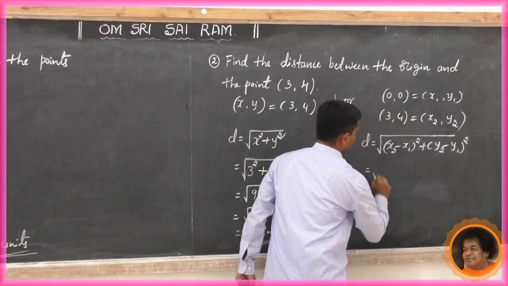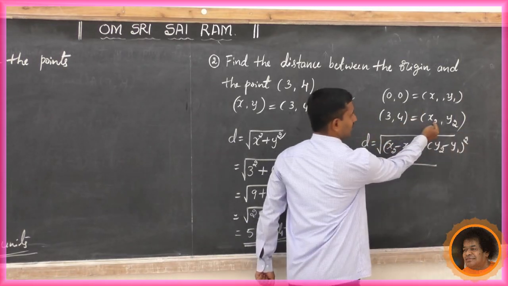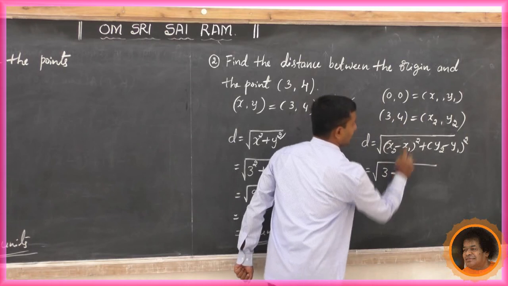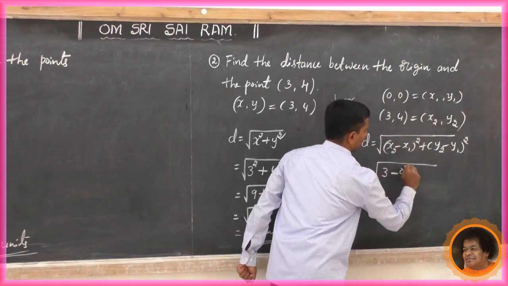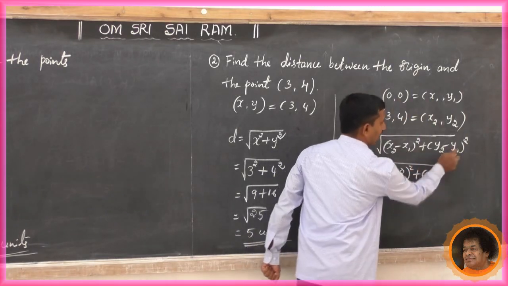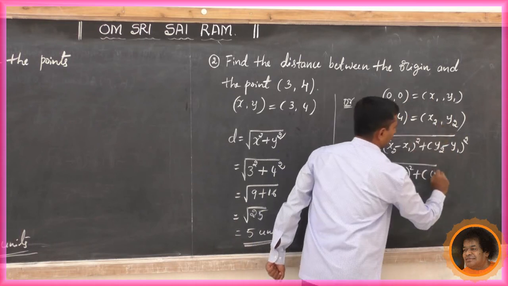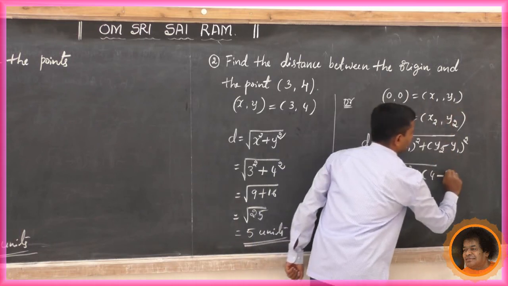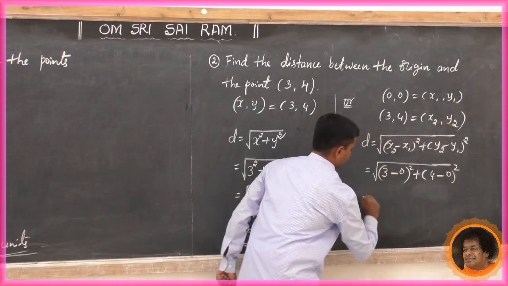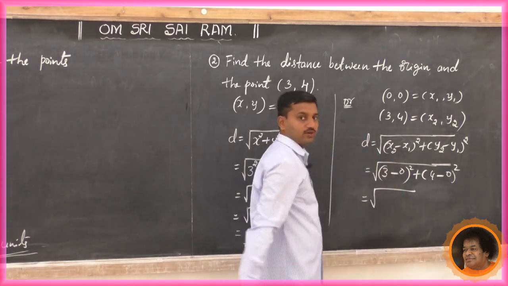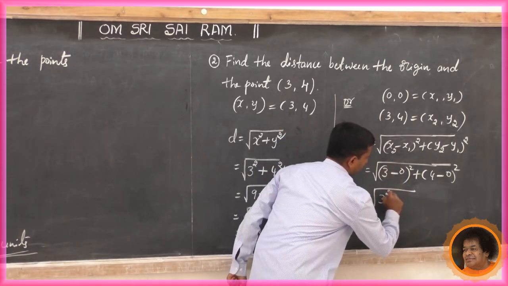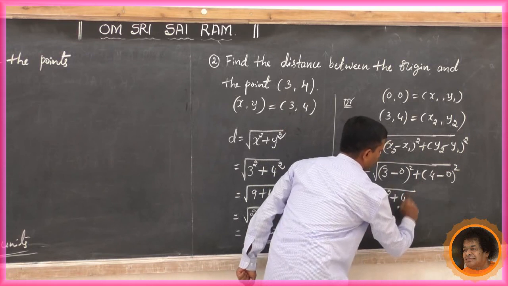Now substitute the values. What is the value of x2? 3 minus x1 that is 0, whole square, plus y2 value 4 minus y1 0, whole square. So which is equal to (3 minus 0), 3 square, plus (4 minus 0), 4 square.